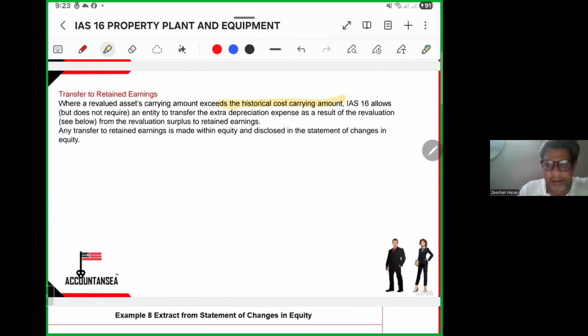IAS 16 allows, but does not require, an entity to transfer the depreciation expense as a result of the revaluation from the revaluation surplus to the retained earnings. Any transfers to the retained earnings is made within equity and disclosed in the statement of changes in equity.